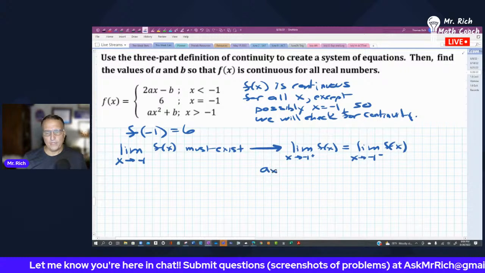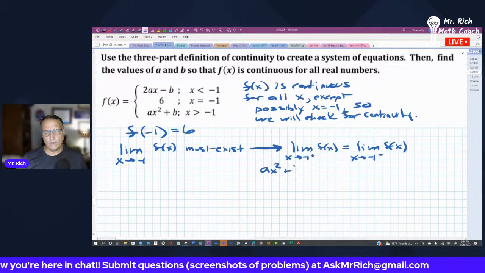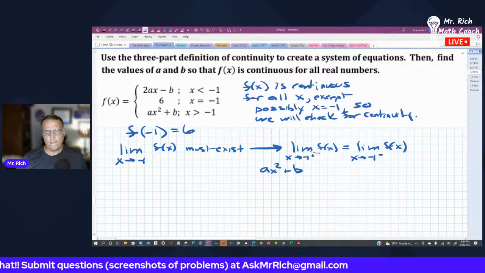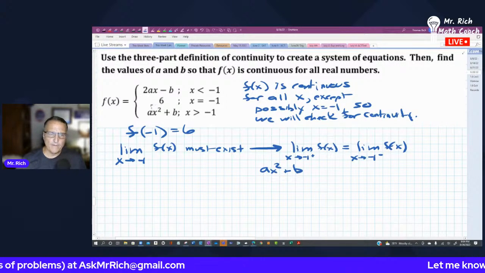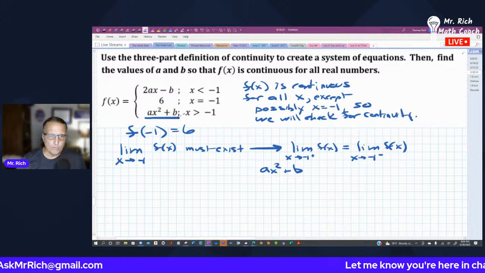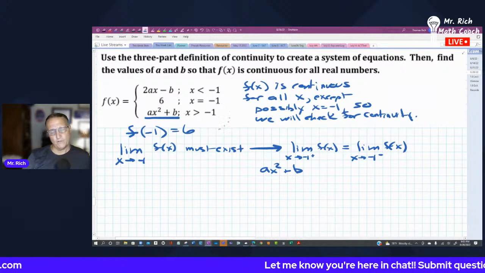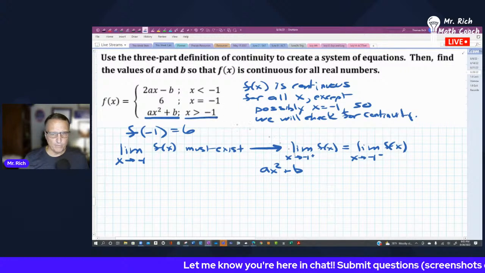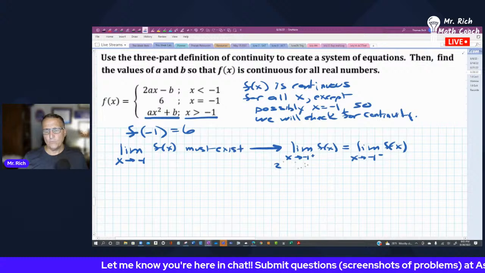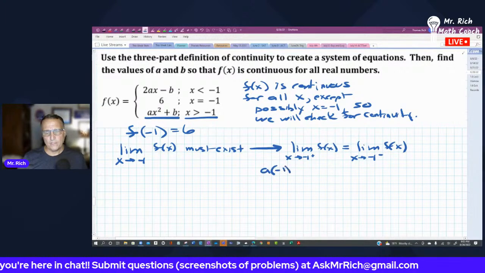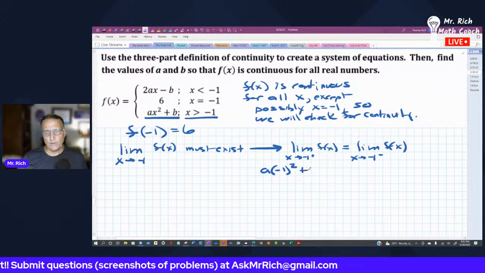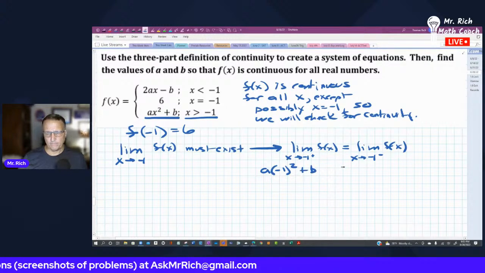It would be ax squared plus b. But remember, I'm going to evaluate this by direct substitution. So I identified that this is the portion of the piecewise function that comes into play when I am to the right of -1. So really what I'm going to do here is say that this is a times -1 squared plus b.